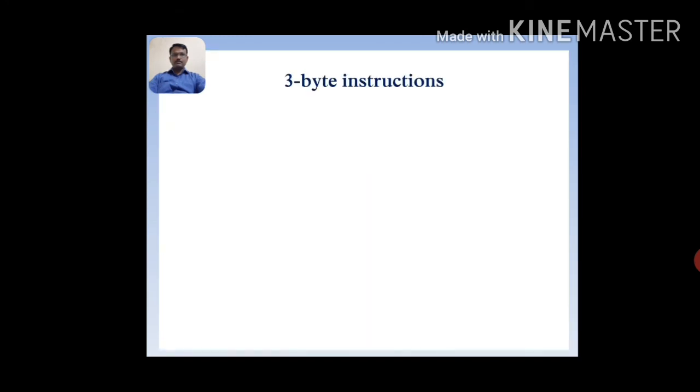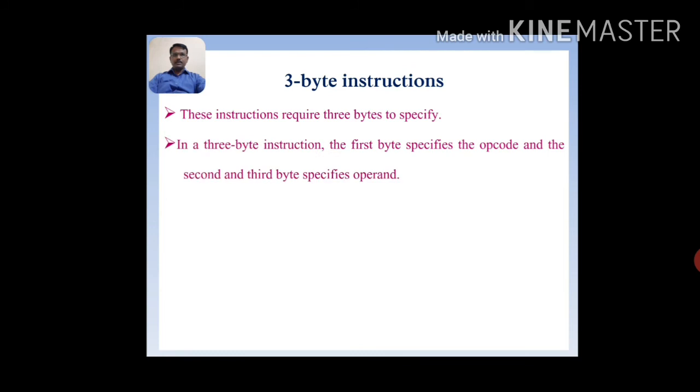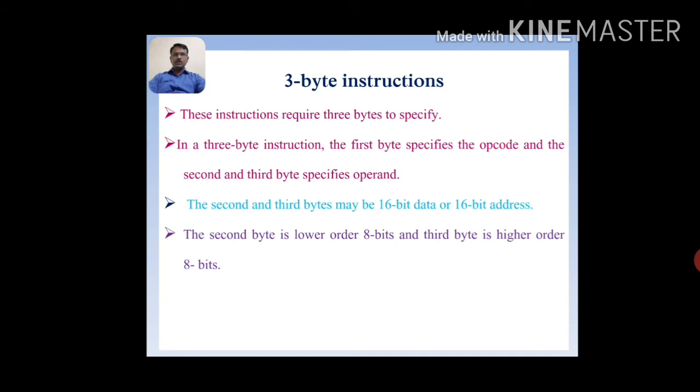And the last type is 3 byte instructions. These instructions require 3 bytes to specify. In a 3 byte instruction, the first byte specifies the opcode and the second and third bytes specify the operand. The second and third bytes may be 16-bit data or a 16-bit address. The second byte is the lower order 8 bits and the third byte is the higher order 8 bits.